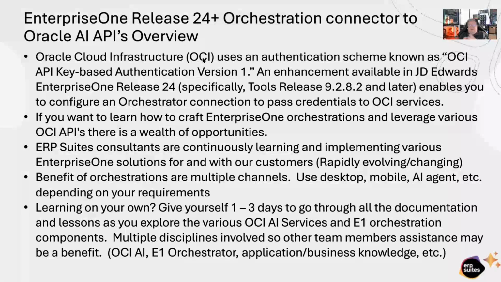So again, the main piece of this, the missing piece until release 24.9282, was this API key-based authentication. Until that, it was, I'll be kind, a challenge to be able to access the OCI services.